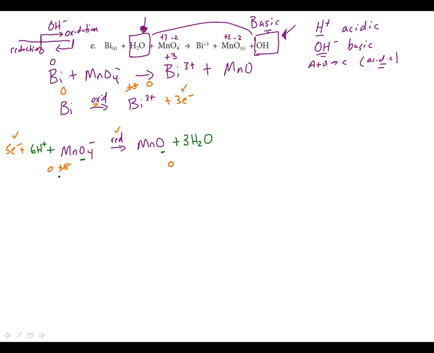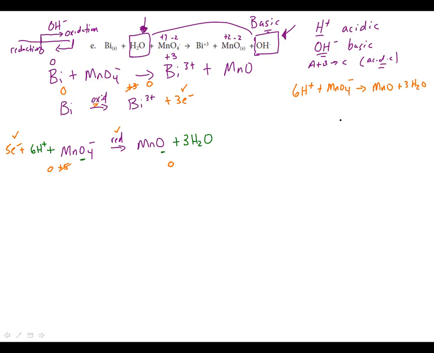So again, why did we add the 5 electrons to the left-hand side? Let me just move something here to get a little bit of room. On our reaction before we did anything, we had 6 H pluses, and this goes to MnO and 3 waters.